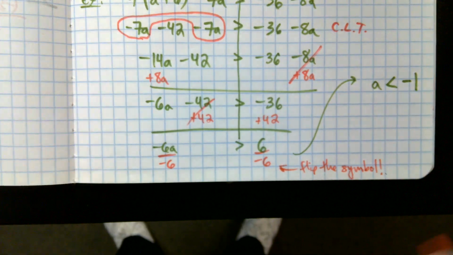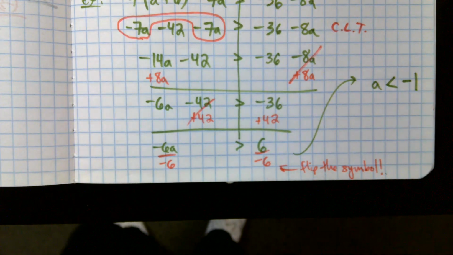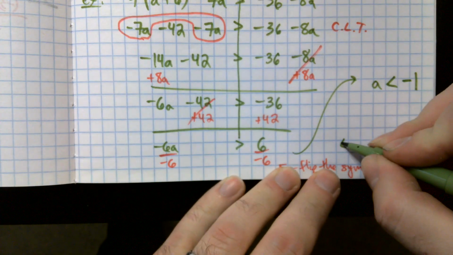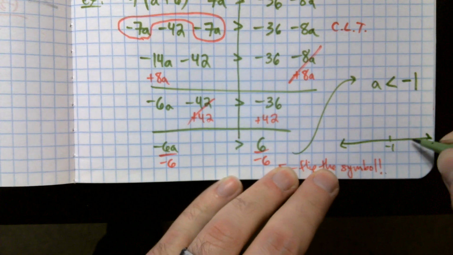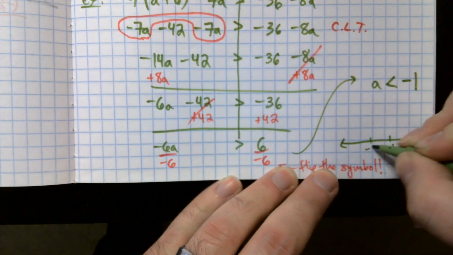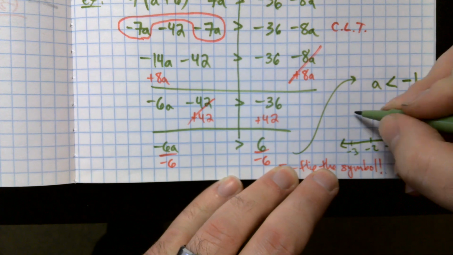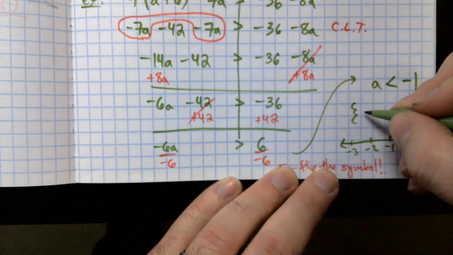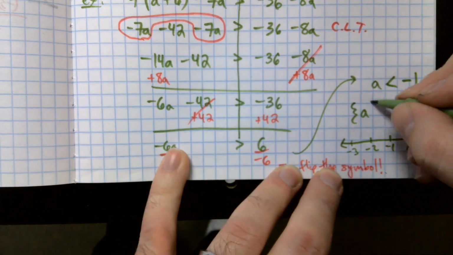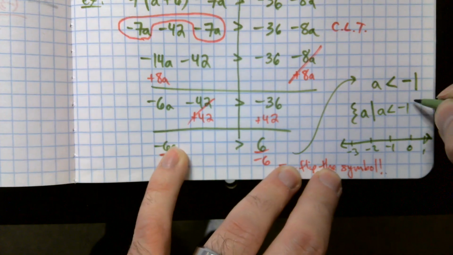Flip the symbol. So my answer is the set all real numbers A such that A is less than negative 1.